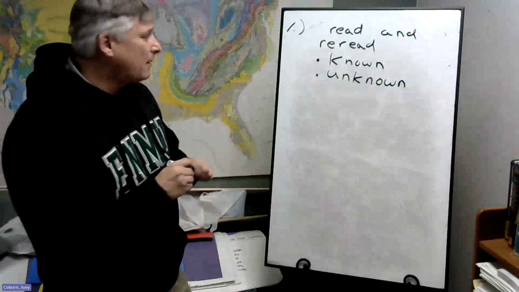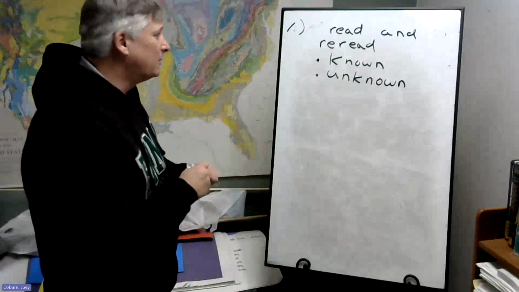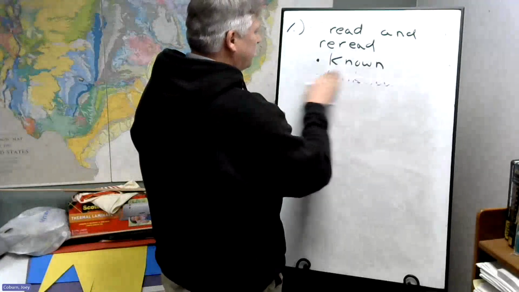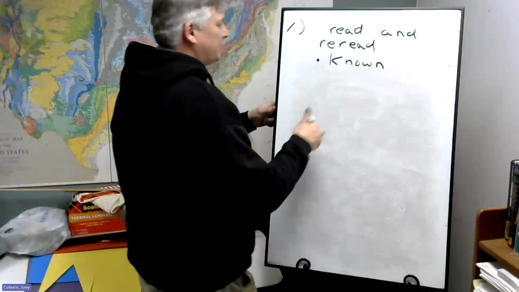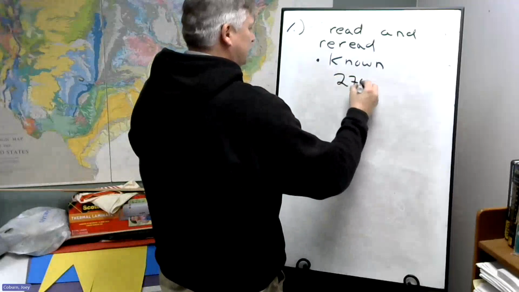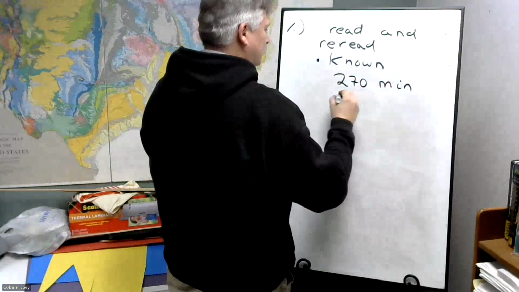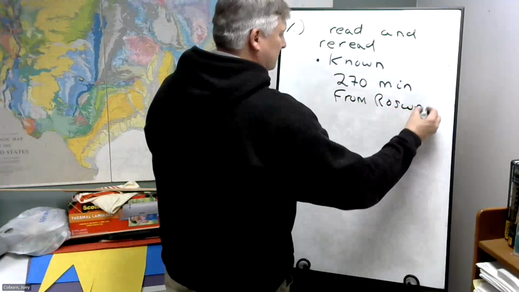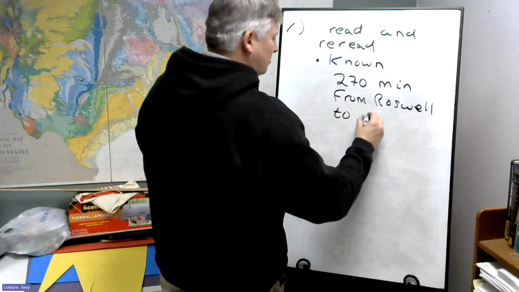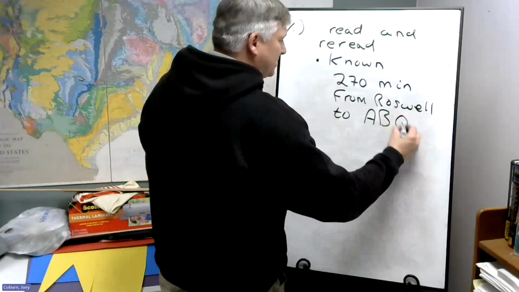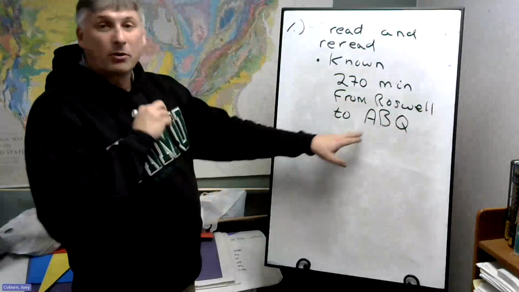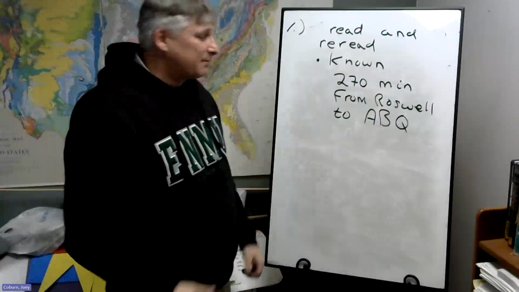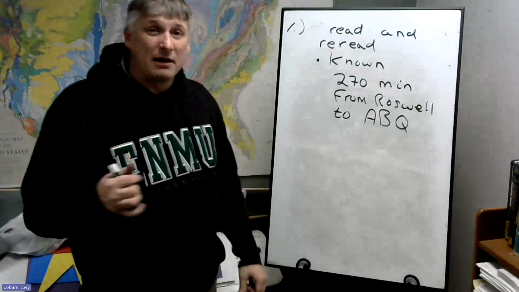So for our problem of Albuquerque, what do we know? Well, not a whole lot. We know it's 270 minutes from Roswell to, and I'll abbreviate Albuquerque as ABQ, the airport abbreviation. So that's what we know. Now, what do we not know?